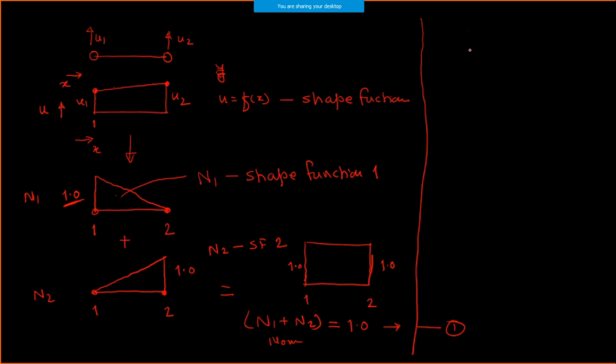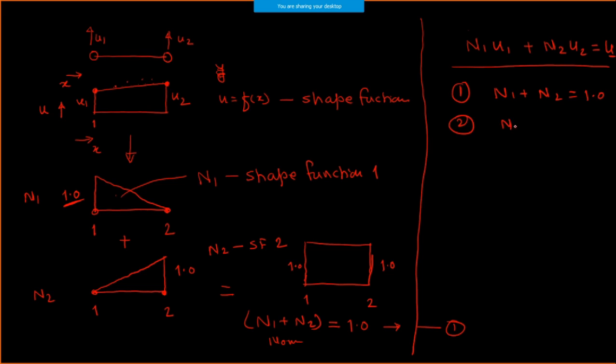That is, n1 corresponding to displacement u1 plus n2 u2 is the total displacement anywhere in my entire element. I can quite easily determine displacement anywhere in there. So this is the way it is defined. The first equation for the shape function is n1 plus n2 is equal to 1. Then the second is n1 u1 plus n2 u2, which is equal to u.